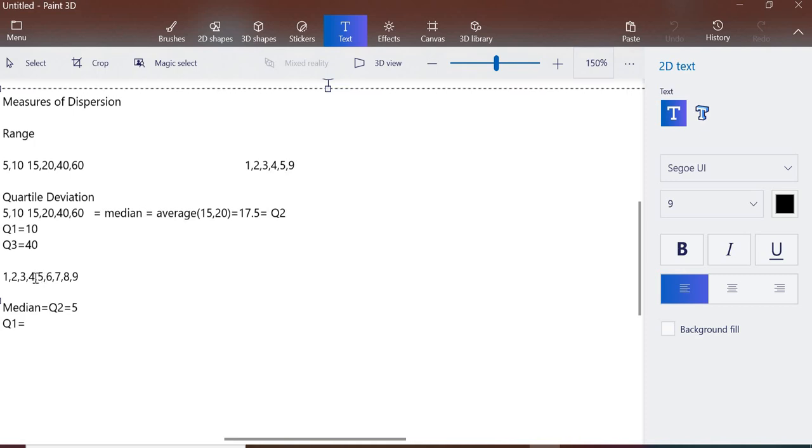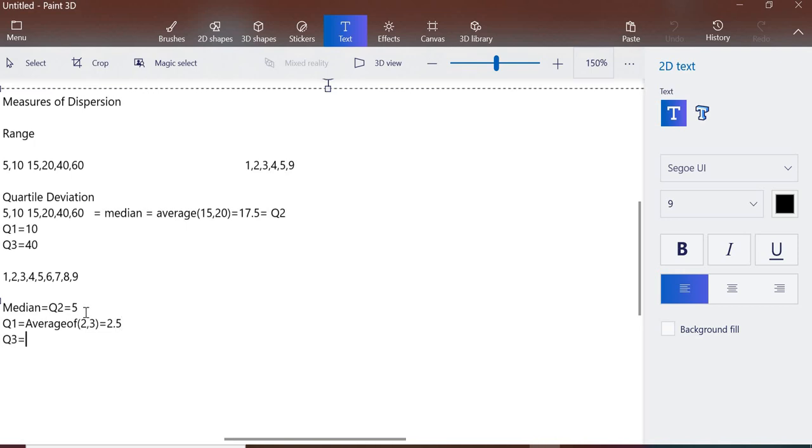So 5 is the median, and whatever is before 5 will be considered for Q1. So what is the median of 1, 2, 3, 4? The average of 2 and 3, which is 2.5.